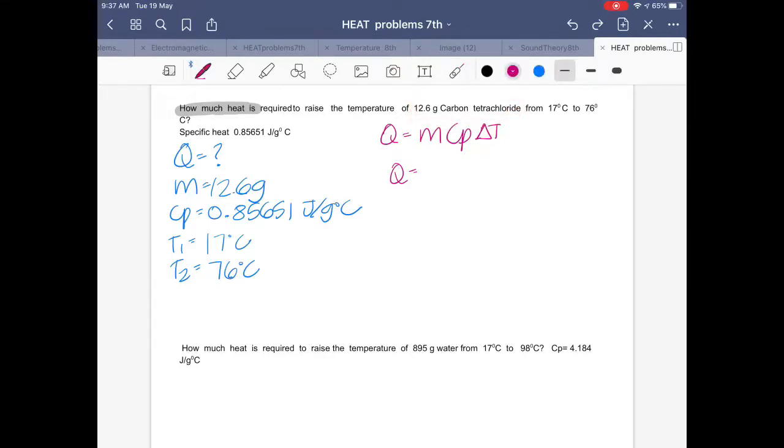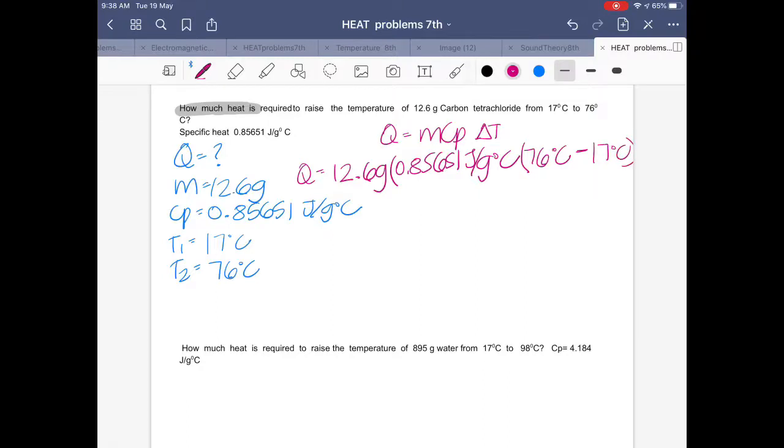So you have a mass of 12.6 grams times 0.85651 joules over grams per degree Celsius times delta of temperatures. Let's remember that delta of temperatures will be a difference, a subtraction, and I need a positive number. So I have 76 degrees Celsius minus 17 degrees Celsius.